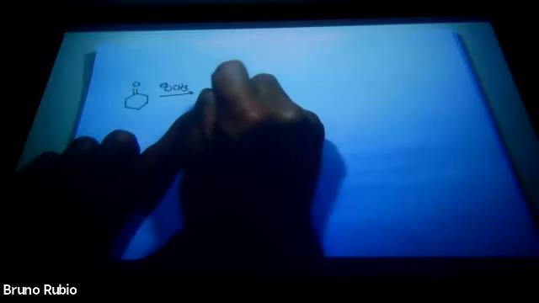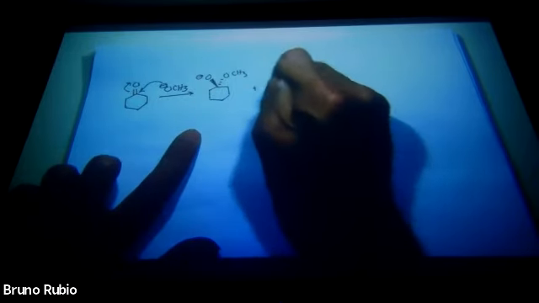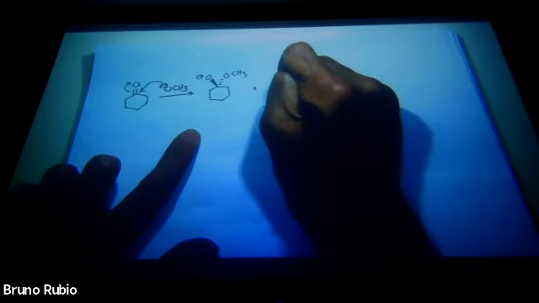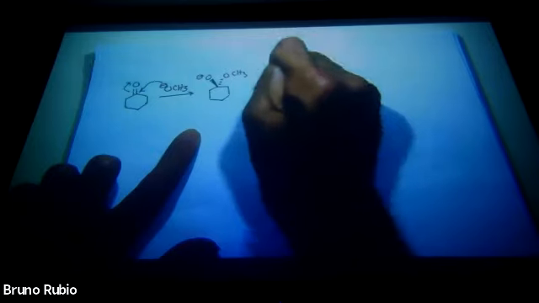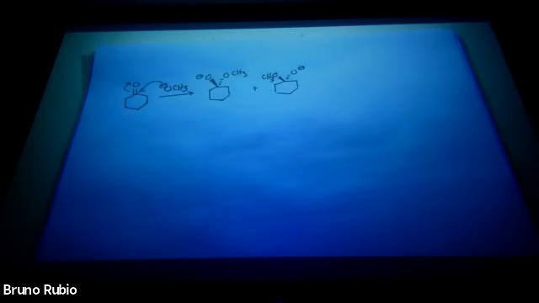So if we wanted to draw the two products, there's the nucleophile attacking the carbonyl group. The nucleophile 50% of the time comes in from the back, and 50% of the time comes in from the front. Okay, so that would be the result of attack from the front and from the back. And we see that these are equally probable.